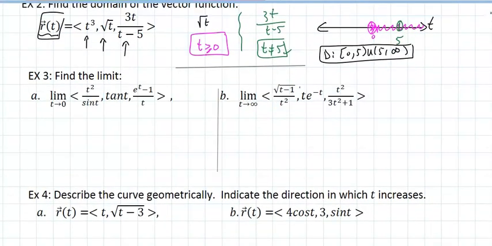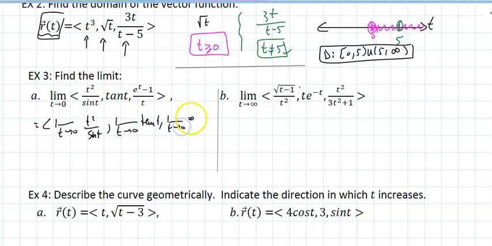Find the limit. That would be the limit as t approaches 0 of t squared over sine of t, the limit as t approaches 0 of the tan of t, and the limit as t approaches 0 of (e to the t minus 1) over t. Here I'm getting 0 over 0, so by L'Hopital, this will be the limit as t approaches 0 of 2t over cosine of t.